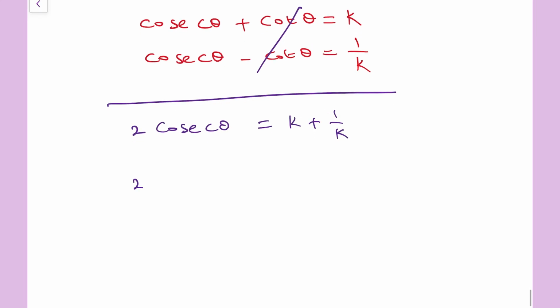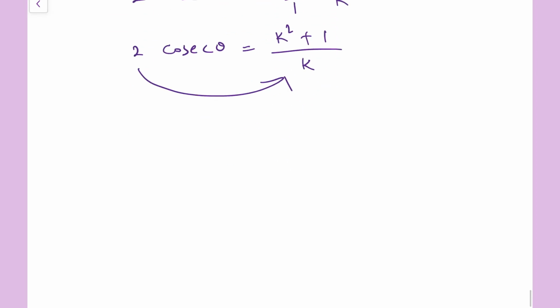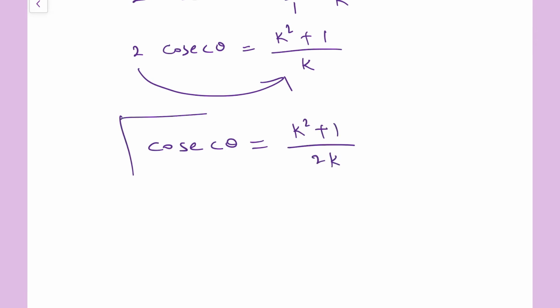The left side stays as 2 cosec theta, and I write k as k by 1. Cross multiplying, k into k gives k square, plus 1, over k. Bring the 2 to the right side, so we get cosec theta equals k square plus 1 by 2k.